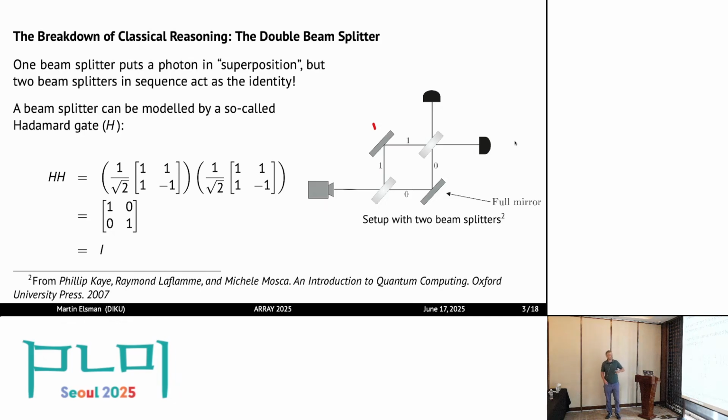That means the classical, probabilistic reasoning breaks down. And instead we can model it using quantum mechanics, where the beam splitters are modeled using these Hadamard gates, and they are basically complex matrices that are unitary. We'll come back to that a little bit.